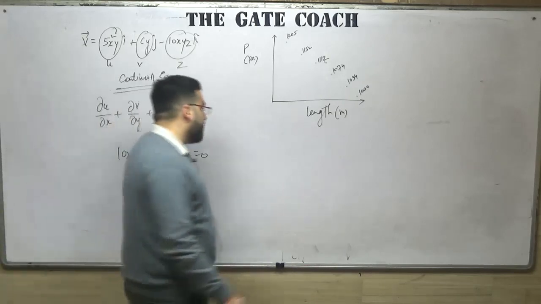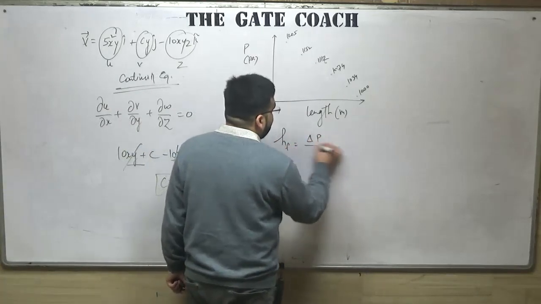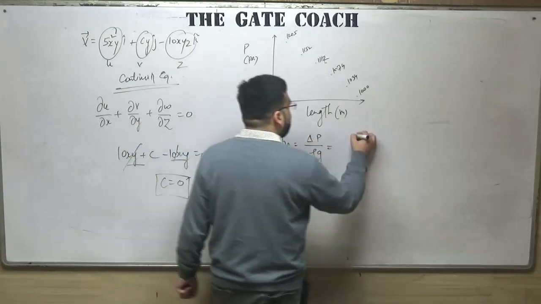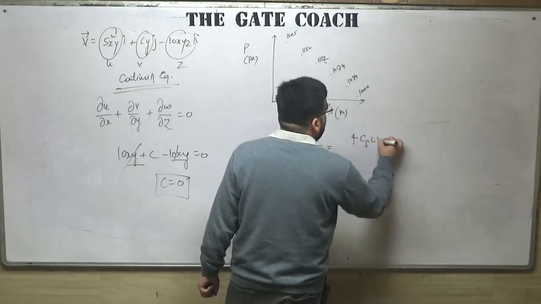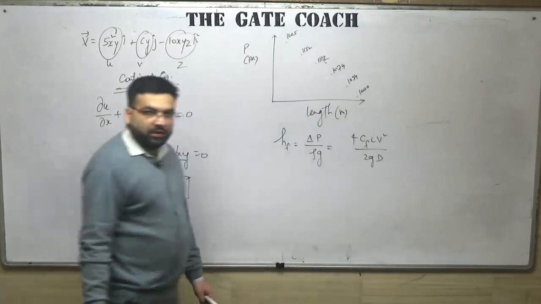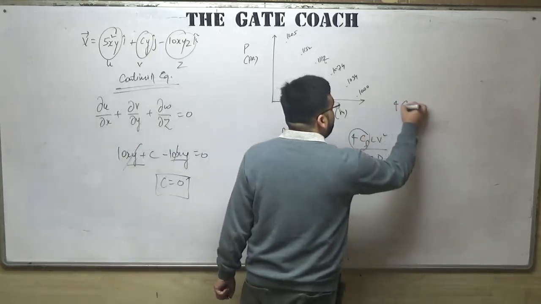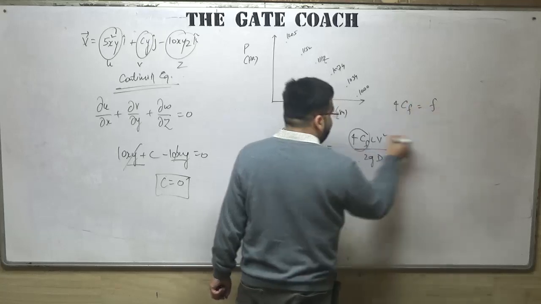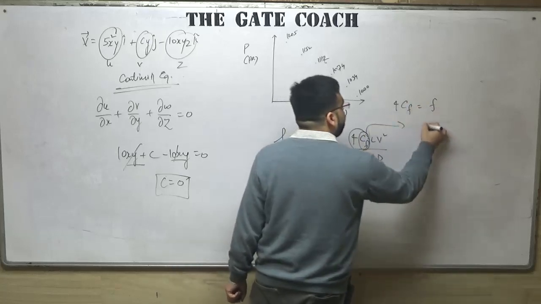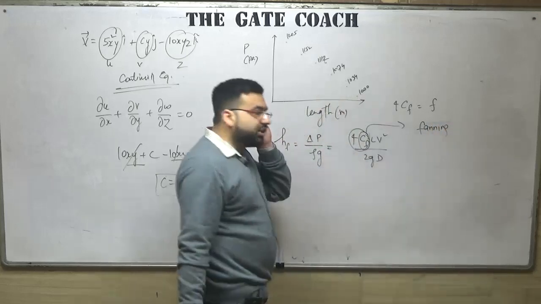So if you remember the Darcy-Weisbach equation, the head loss is given by del P divided by rho G, equal to 4 CF L V square divided by 2 into G into D. And I told you that this 4 CF is the Darcy friction factor f, and this CF is the fanning friction factor, which is also called the coefficient of friction, right?